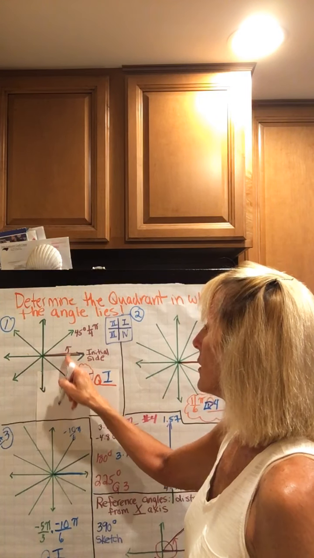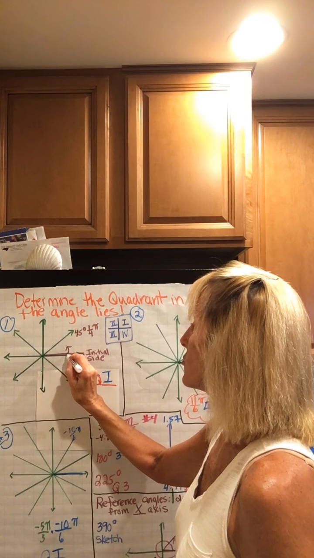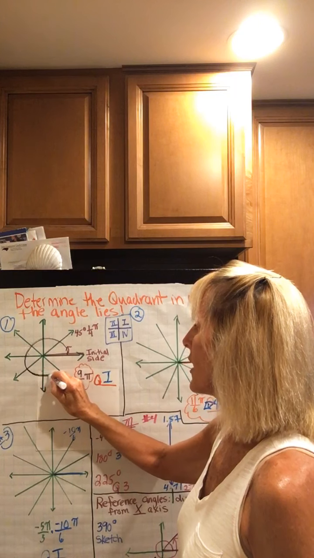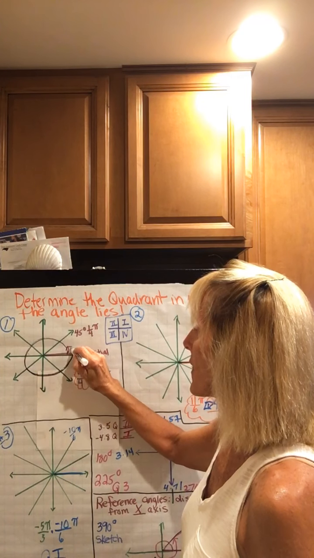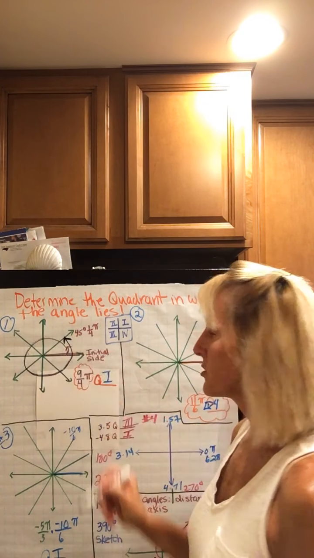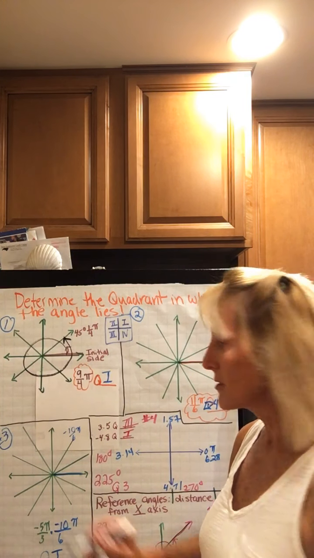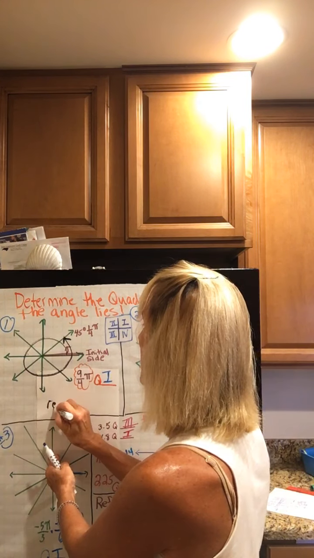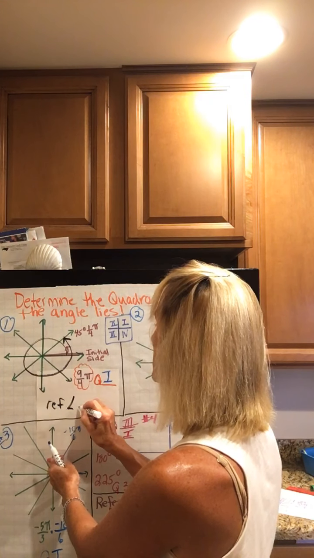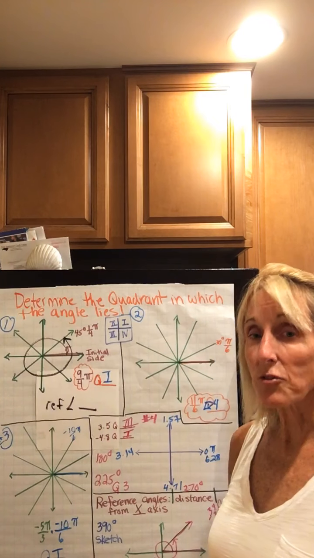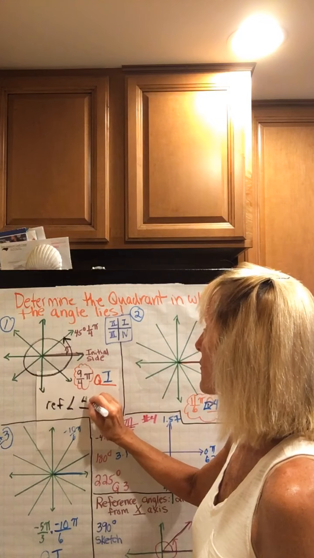We ended up right here, so we went all the way around: there's 8/4 pi, there's 9/4 pi. I just sketched the graph. If I said, what's the reference angle? Well, what's the distance from here to here? That's 45 degrees. That's the reference angle.